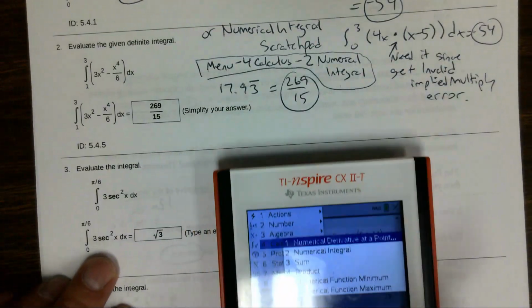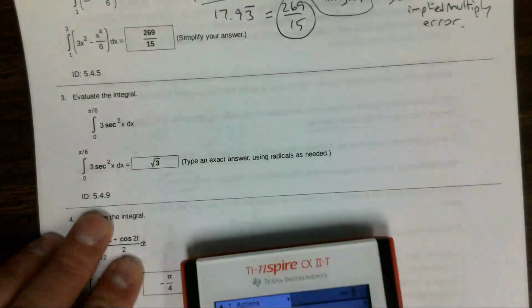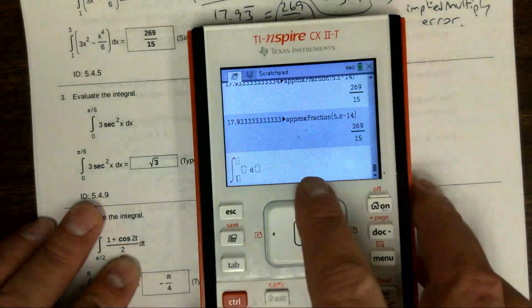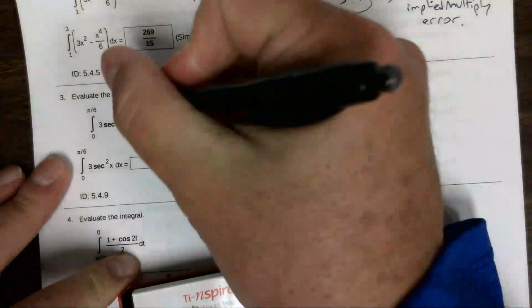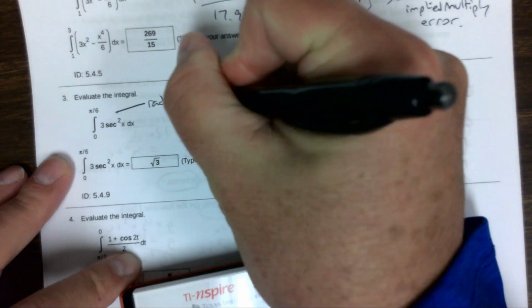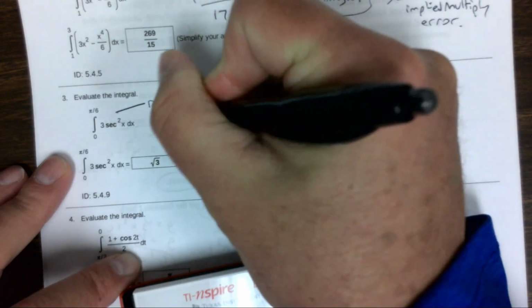Okay. Now on this one, first off, if it has to do with trig, you need to be in radian mode for trig.